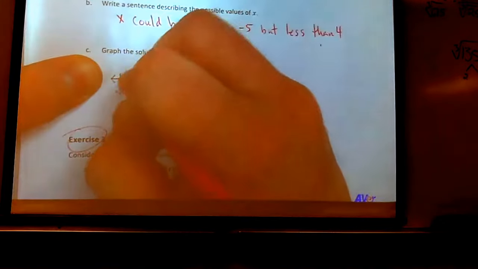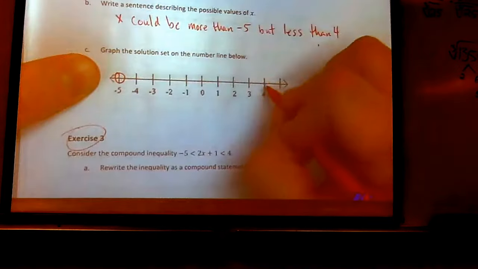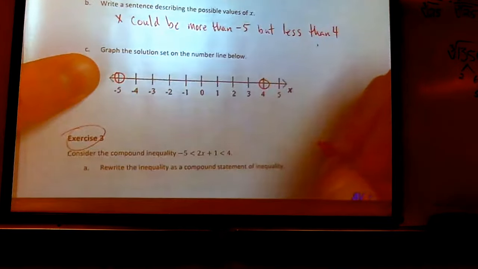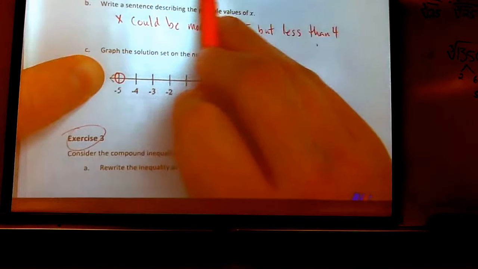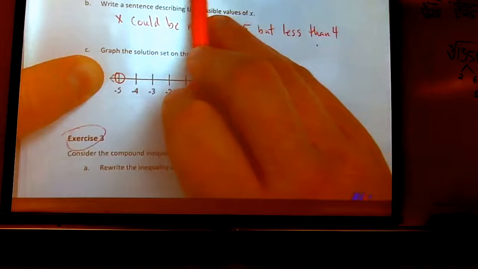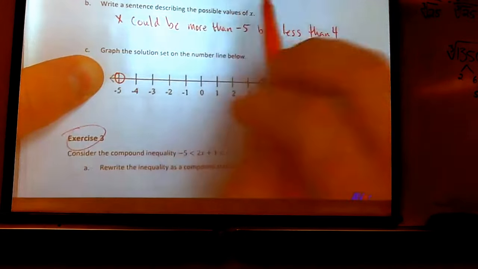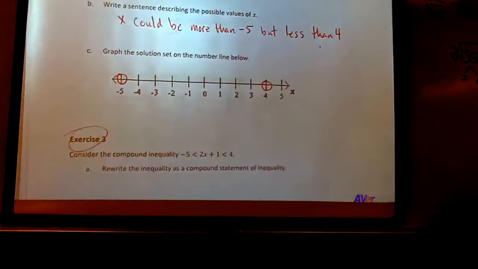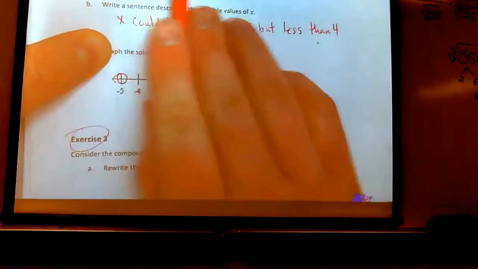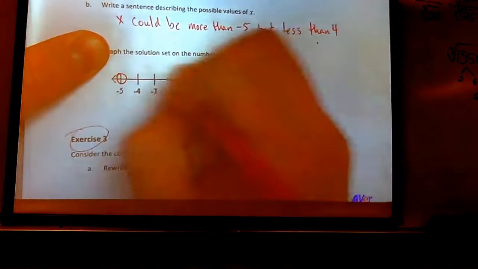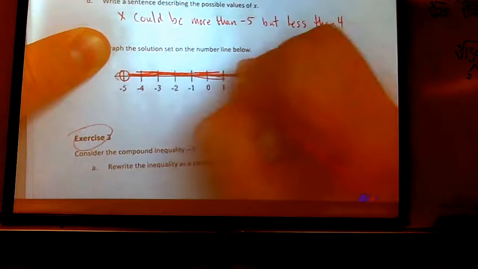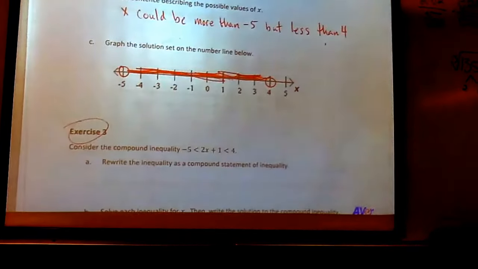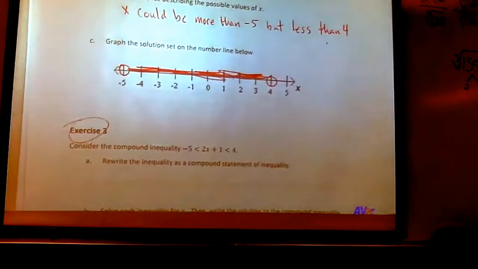Open. And one on 4. Also open. They're both just less than, so they're both open. They don't have the equal to on the bottom. And then you color the inside, more than -5 but less than 4. That's anything inside of here. Okay, that was easy.